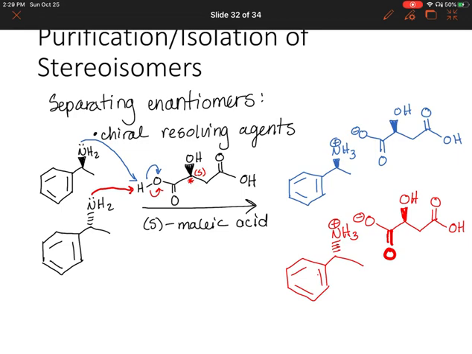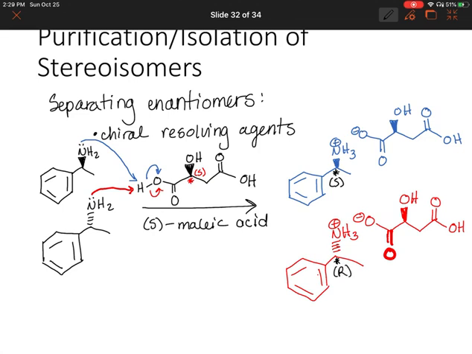Now, notice that the stereocenter underneath the nitrogen on both of these salts, those are different. So this is an S enantiomer.